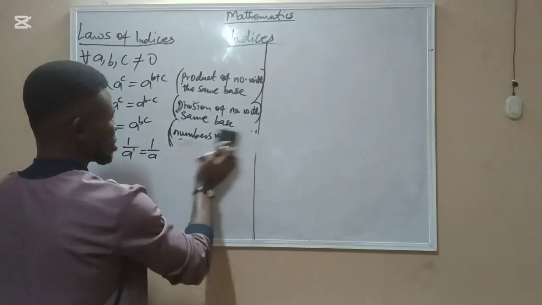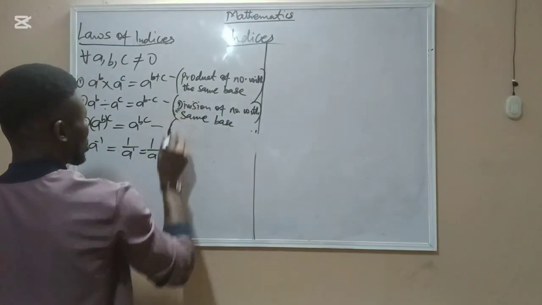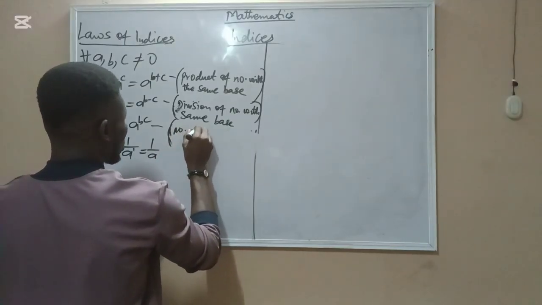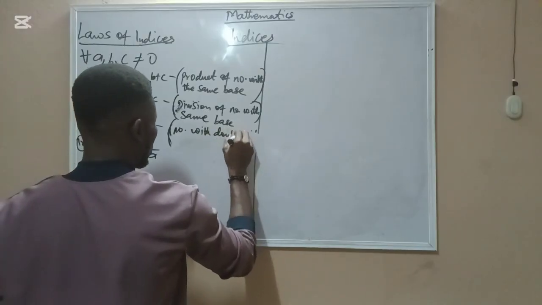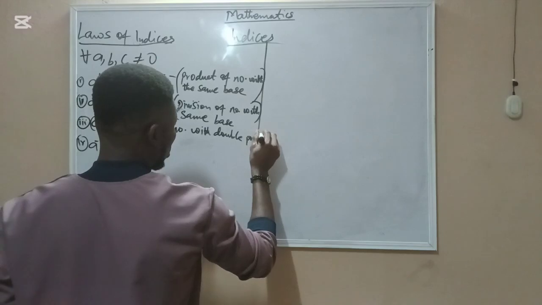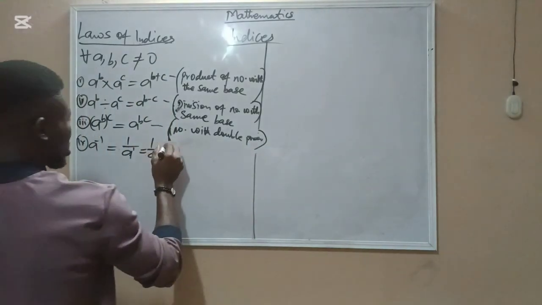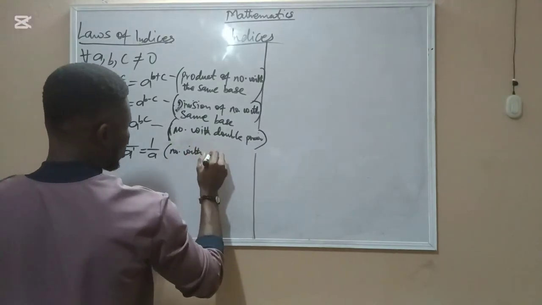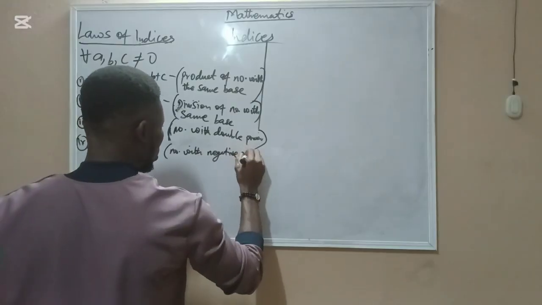The previous one is numbers with double power, and this one is numbers with negative powers.